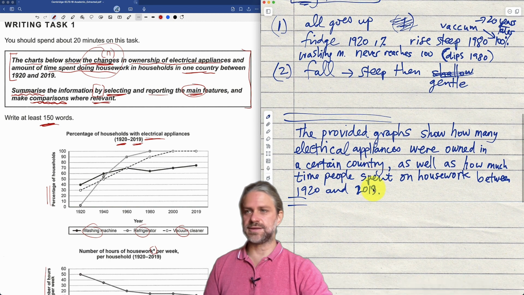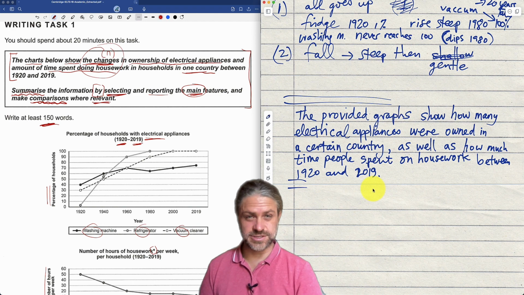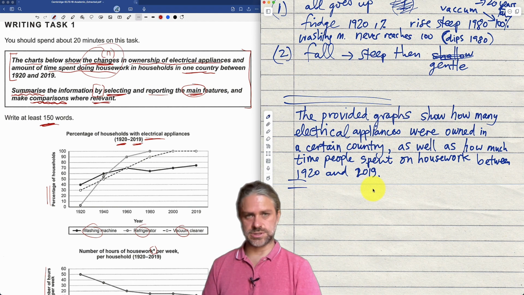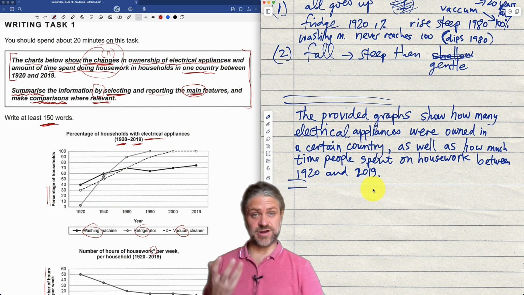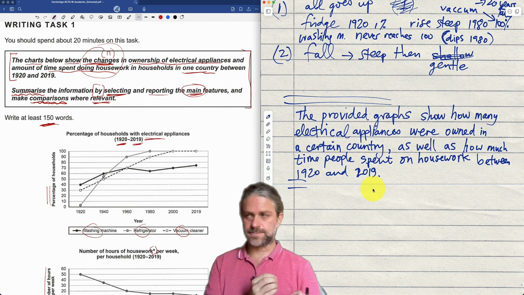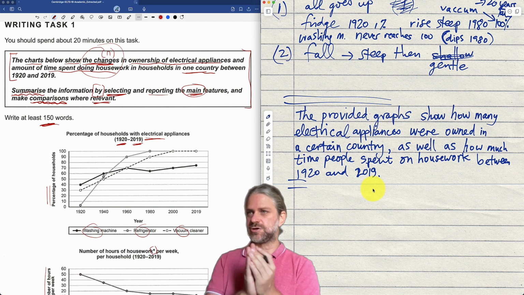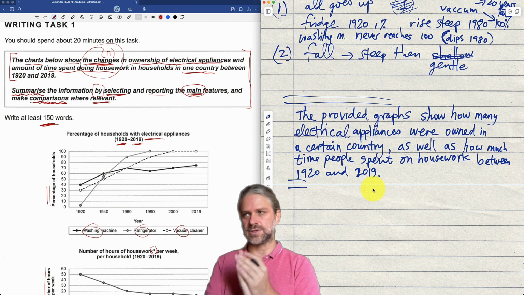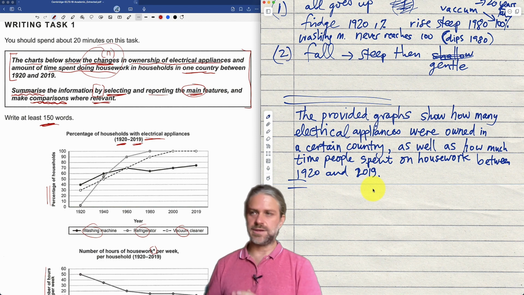And that has already given you a few points just by showing the examiner that you are able to use paraphrasing. Paraphrasing is where you change the wording, change the grammar. Okay, so the provided graphs show how many electrical appliances were owned in a certain country, as well as how much time people spent on housework between 1920 and 2019.